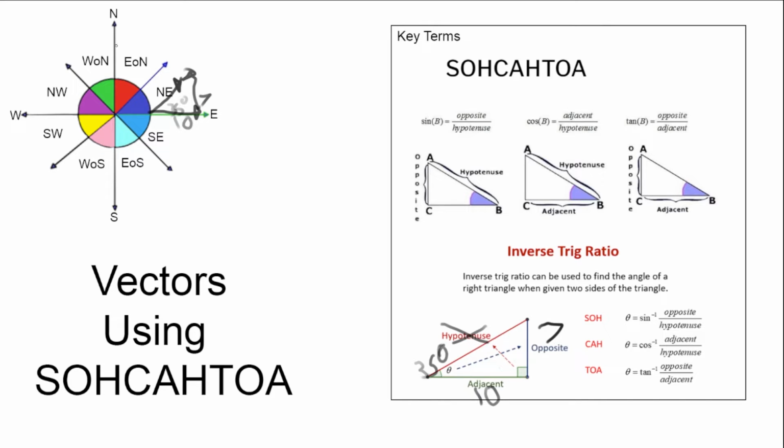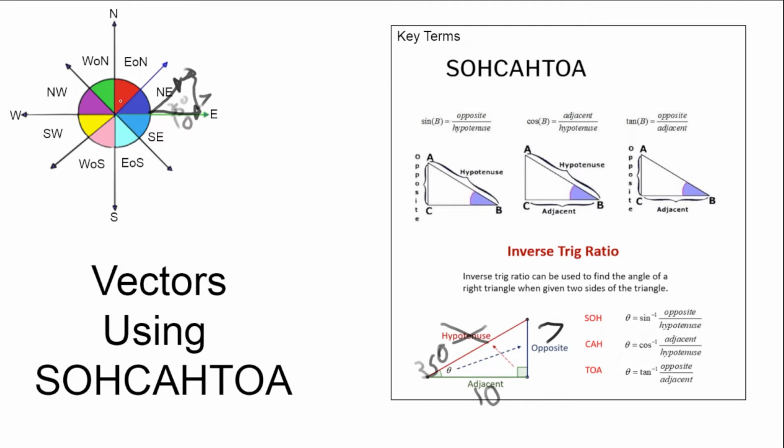In between here, this is east of north, this is northeast, this is southeast, this is east of south, this is west of south, southwest, northwest, and west of north. So east of north, imagine we're going north and then we're going right. So we're going up and then we're going right after that. That would be east of north.